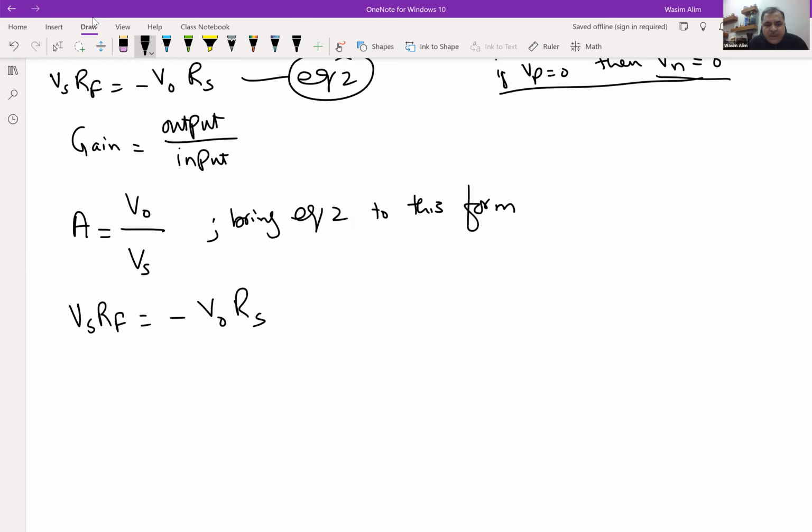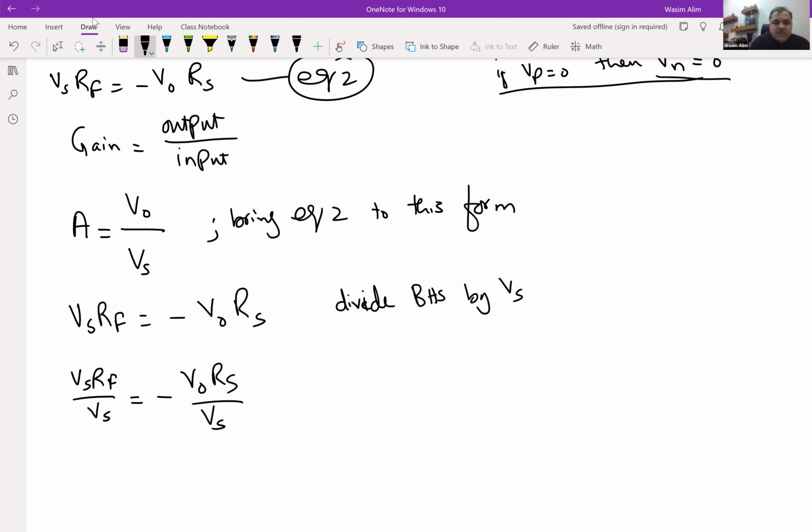So if we divide both hand sides by Vs, we can partially get there, right? Then what we will have is Vs Rf over Vs is equal to minus V out Rs over Vs. So Vs and Vs cancel out here.